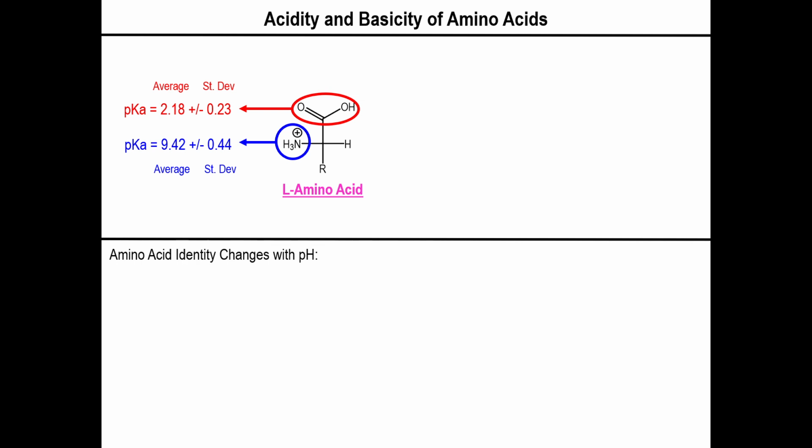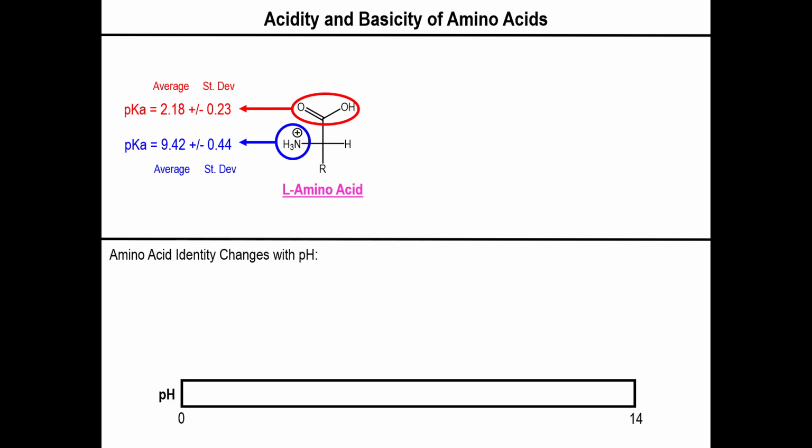So what this basically means is that when you are thinking about what the amino acid is doing in terms of its acid-base chemistry as you change the pH of a solution, you have to remember that in water, which is usually where you're going to be dealing with amino acids, you have a pH range of 0 to 14.